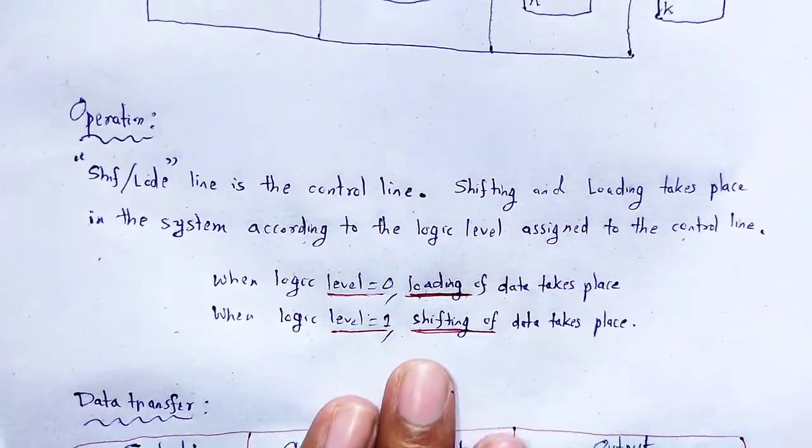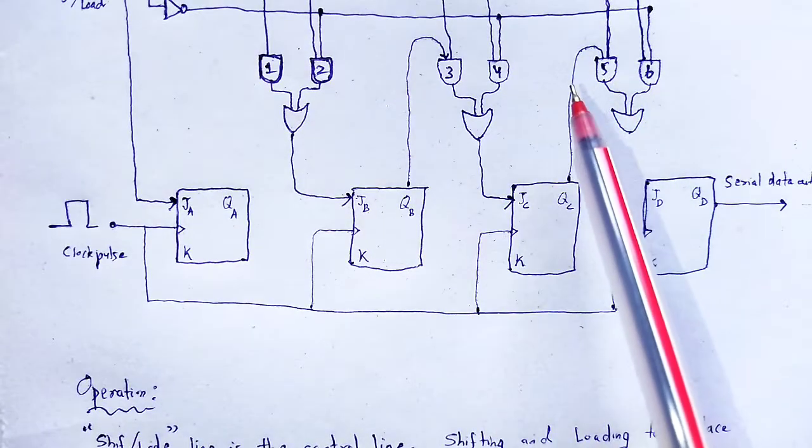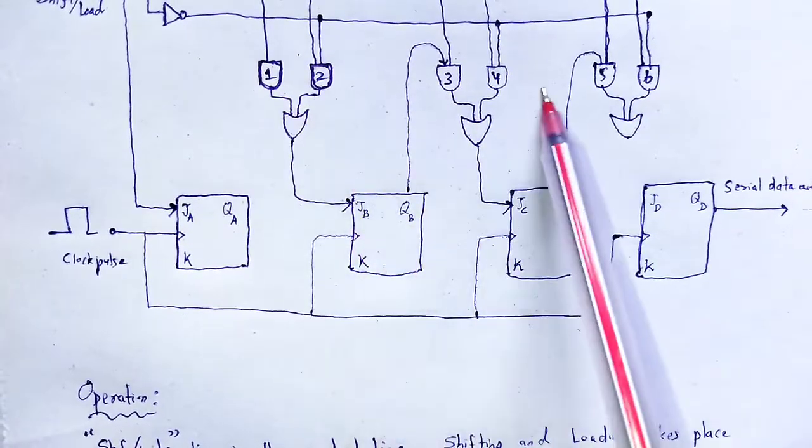How? Let me explain. The system has 6 AND gates, numbered 1, 2, 3, 4, 5, 6.